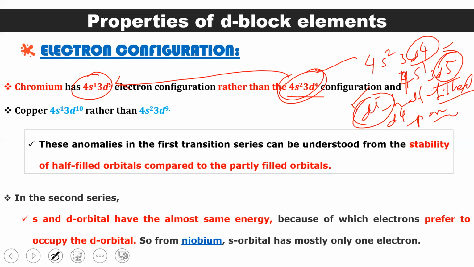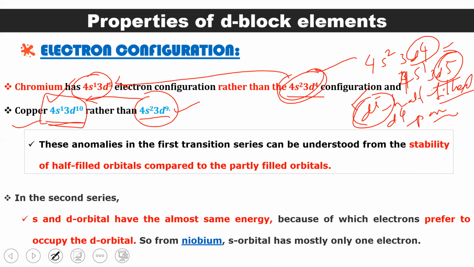The same theory applies to copper. When you see the copper configuration, as per our knowledge, copper must show 4s2 3d9 as the outermost configuration. But practically, what is the electron configuration for copper? This is it: 4s1 and 3d10.